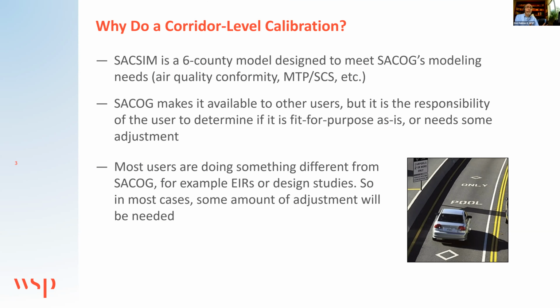Since most users are doing something different from SACOG, for example, you might be doing EIRs or design studies, in most cases, some amount of adjustment will be needed. Again, this model is designed for certain purposes. If you're using it for another purpose, you should at least test it, and you should probably make a few adjustments. Next slide, please.